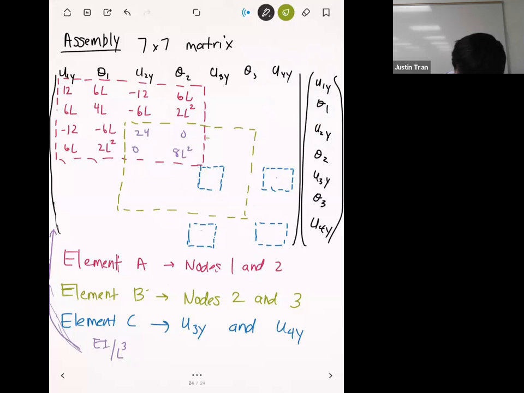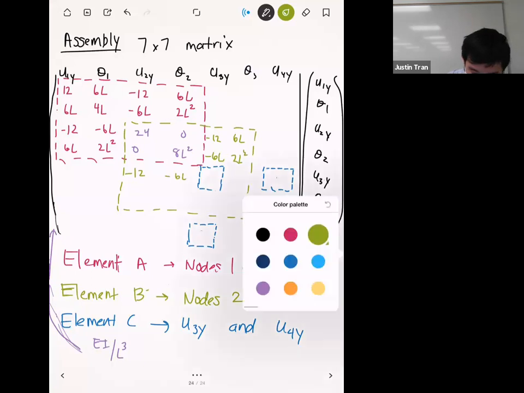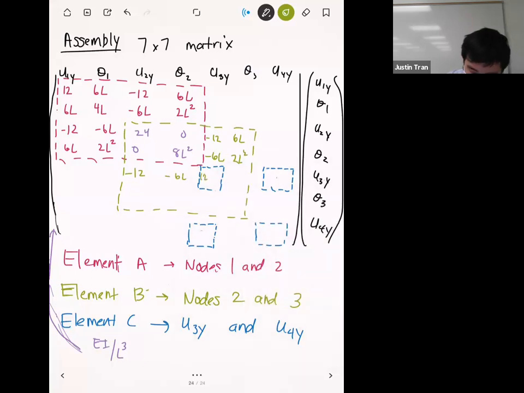Then we have all of the element B contributions. I'm going to skip over the box where it overlaps with. Actually, no. Let me put in the contribution from element B first, right?